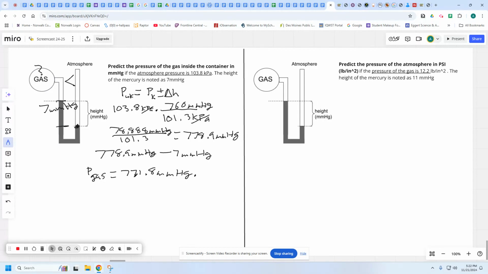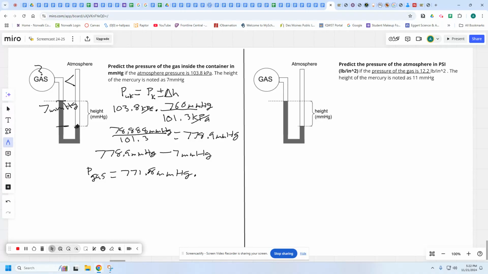Now you can check to see if this makes sense. Standard pressure is 760 millimeters of mercury, but we started off with the atmosphere at 778.9 millimeters of mercury, and this one is 771.8, so that's less.